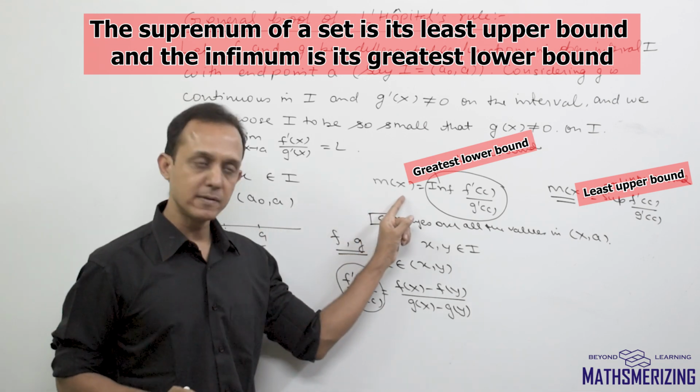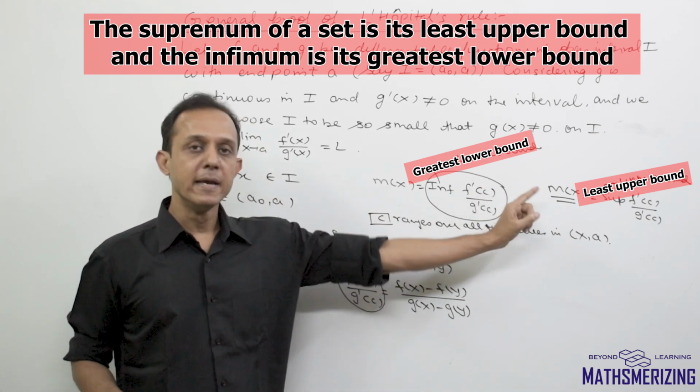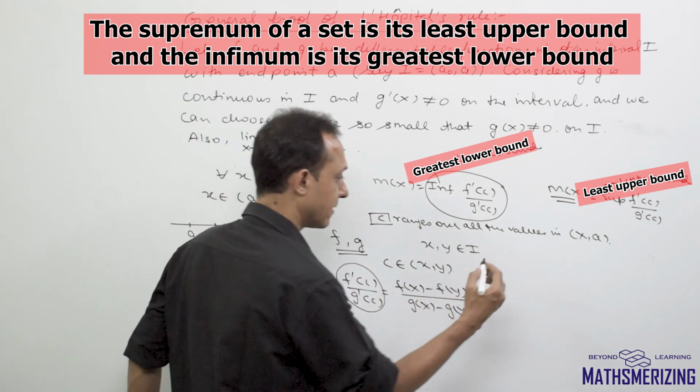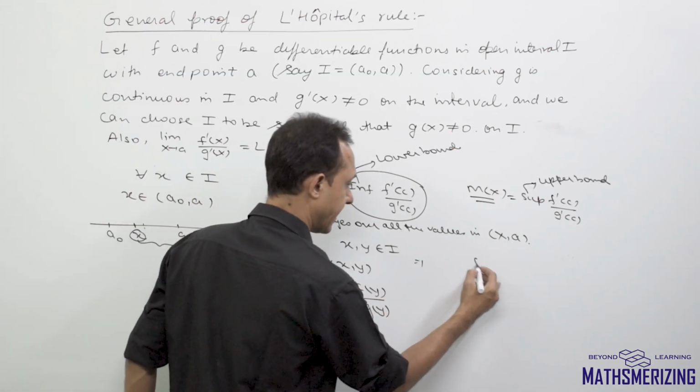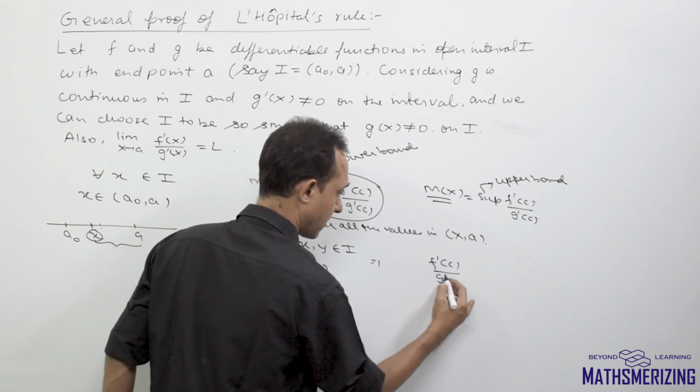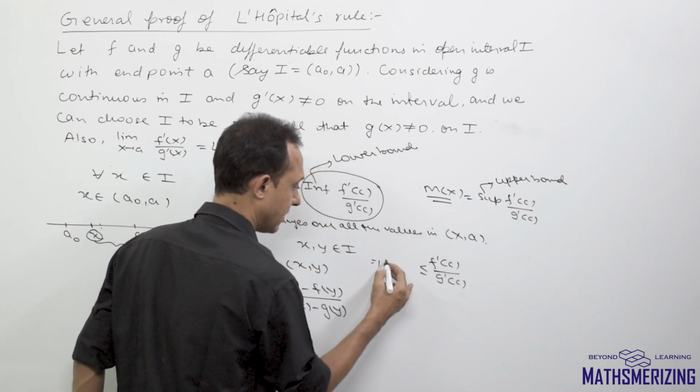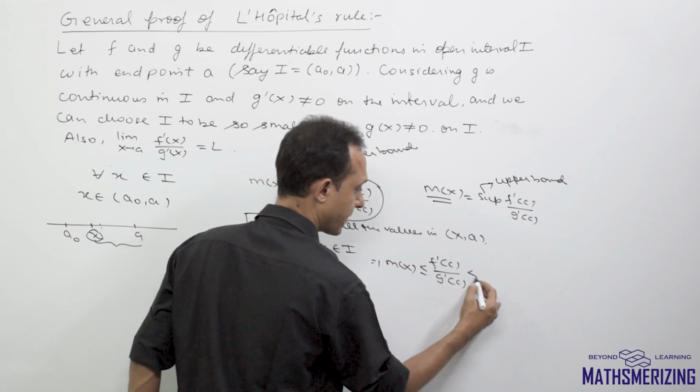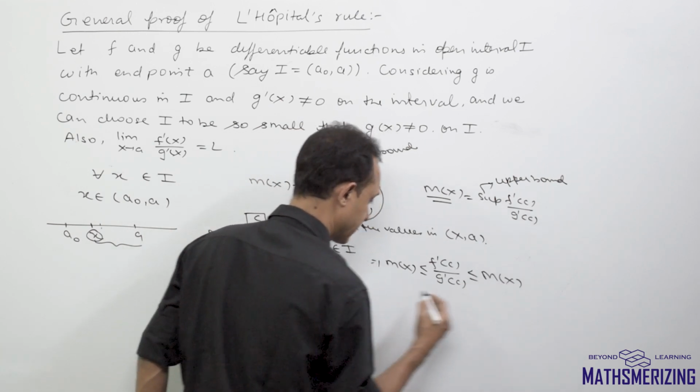Now we know that this f dash c upon g dash c, its minimum value for any x will be mx, and its maximum value will be capital Mx. So I can say that this f dash c upon g dash c is greater than mx but less than capital Mx.